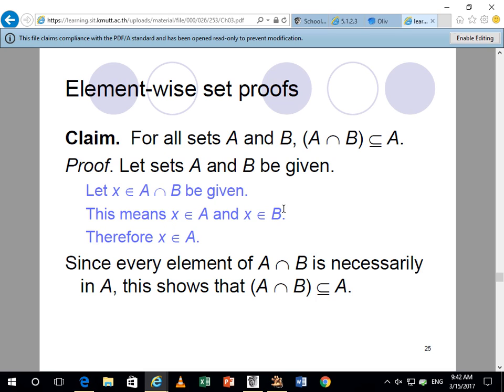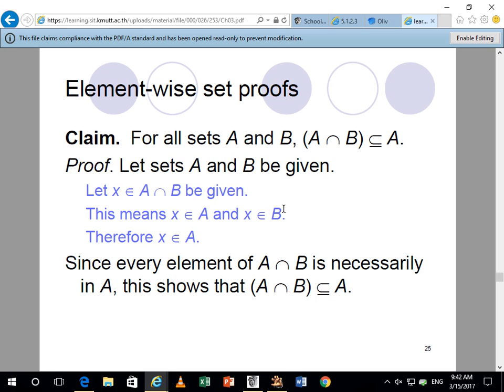Given that X is an element of A intersect B, that means X is an element of A, and X is also an element of B. Naturally, the requirement is satisfied because X is an element of A is given here.